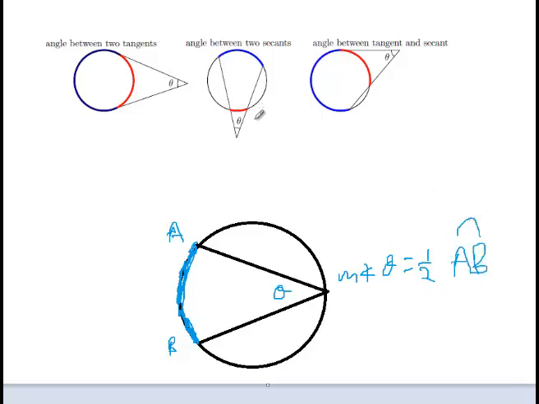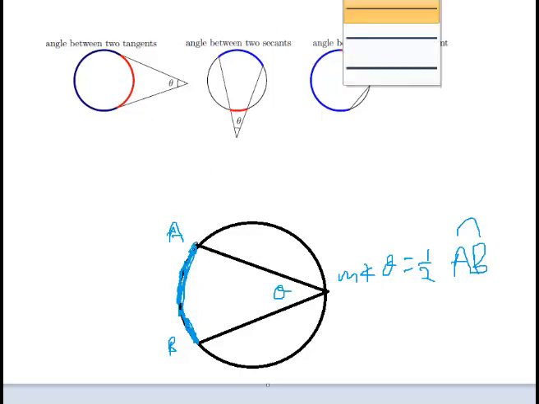Now here, the rule is going to be very similar, except that the angle is actually outside the circle. So you have to subtract the red arc. You have to subtract the amount that this is taken outside the circle. As if this were drawn further out to outside the circle, it would be a smaller angle. I mean, try to envision these lines.